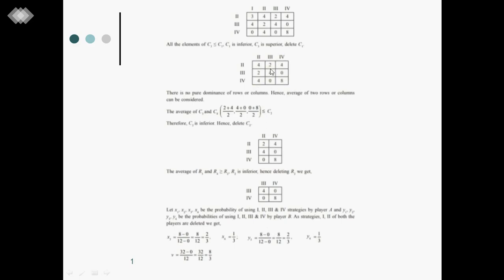So the average of column 3 and column 4 is lesser than or equal to column 2. Hence there is no point of keeping this column; the average of these two is better than this particular column. Hence this column is deleted. So 2, 4, 4, 0, 0, 8 is retained with the concerned strategies.